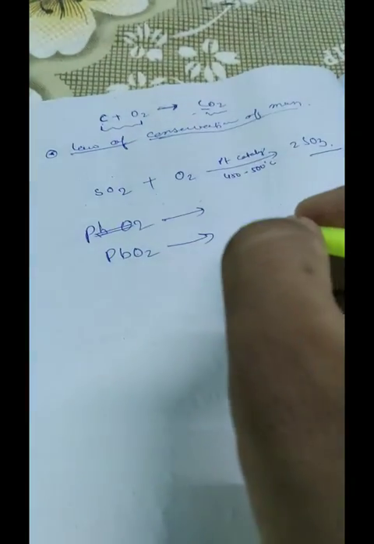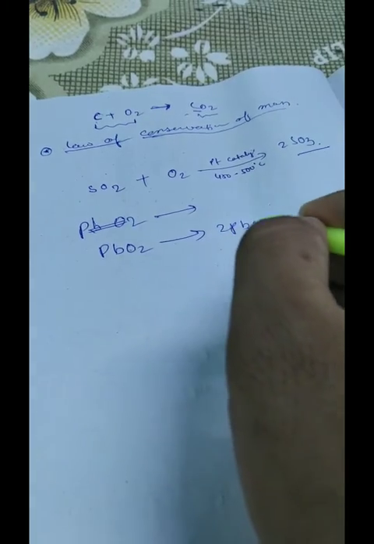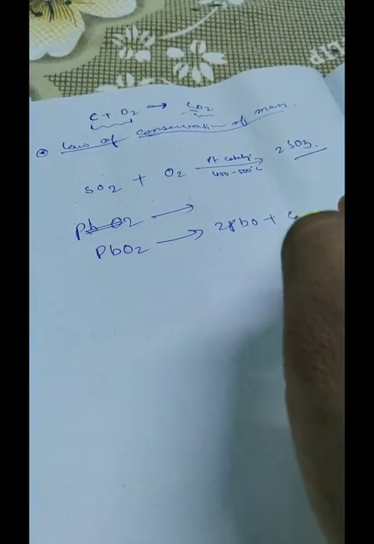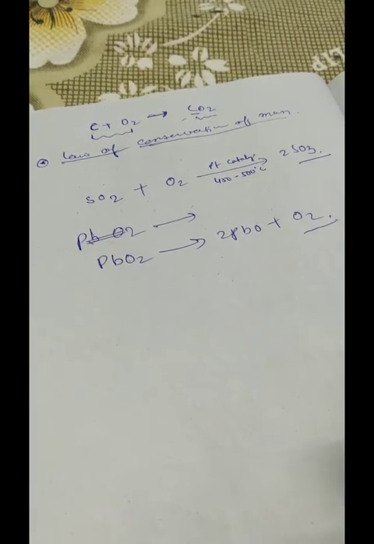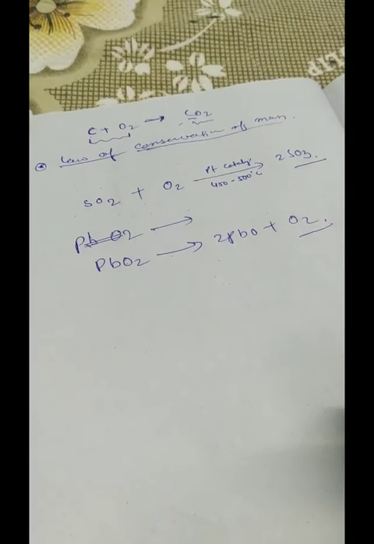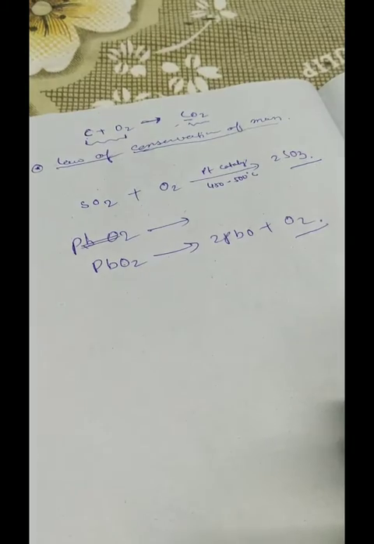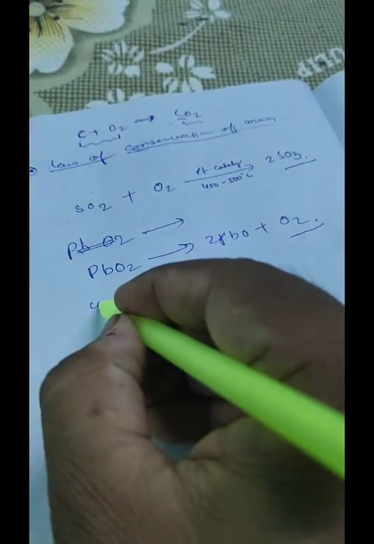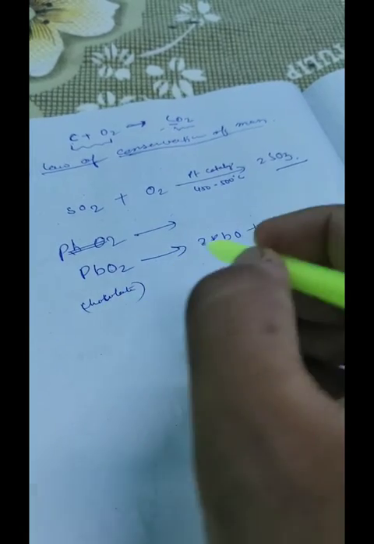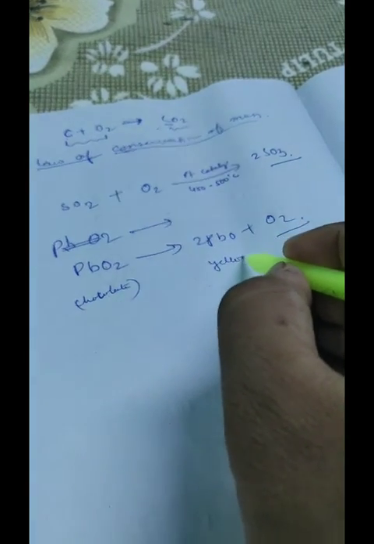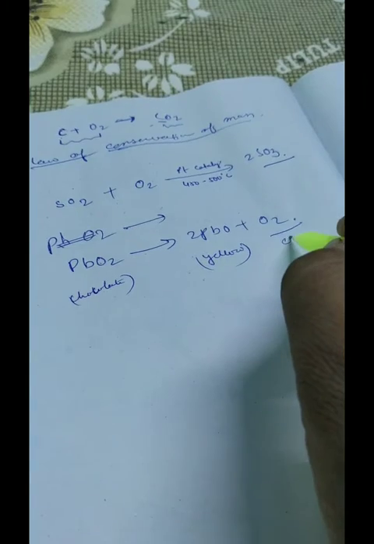When we write like this, PbO2 gives 2 PbO plus O2. An equation does not give any information about the color change, so we mention it separately. Its color is chocolate, its color is yellow, and its color is colorless.